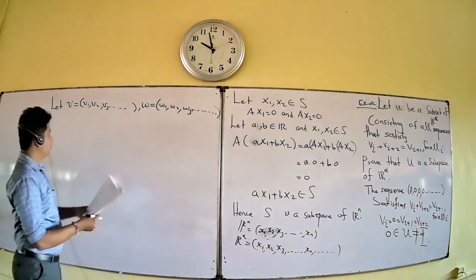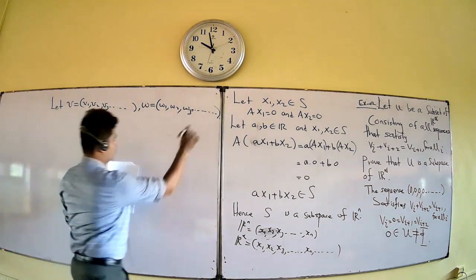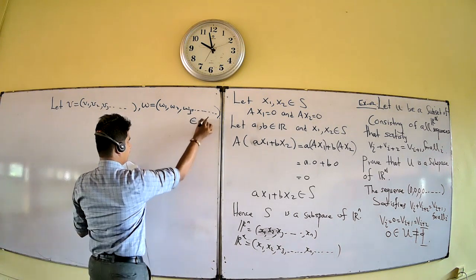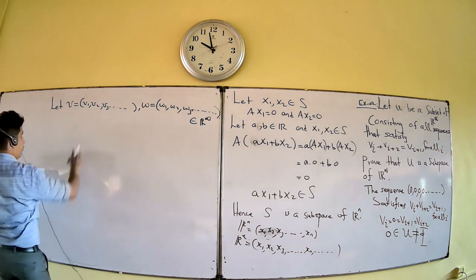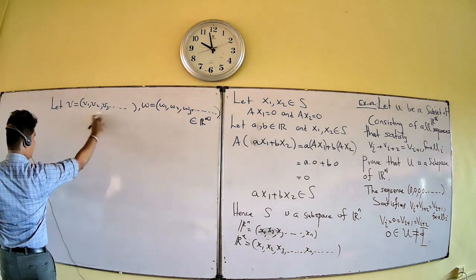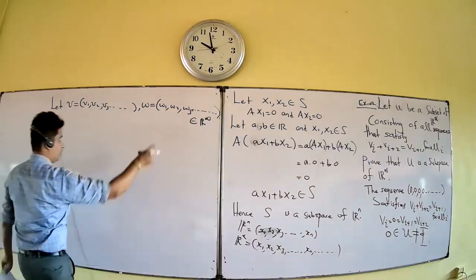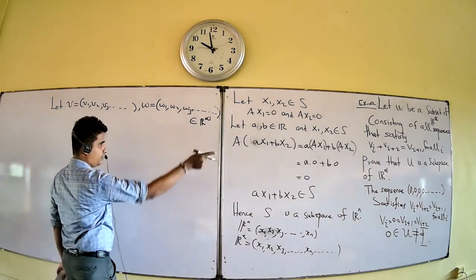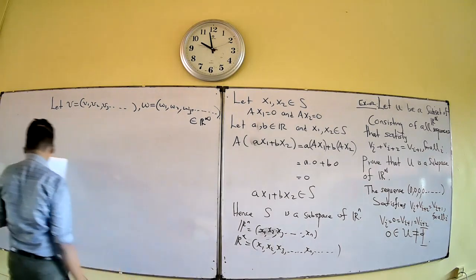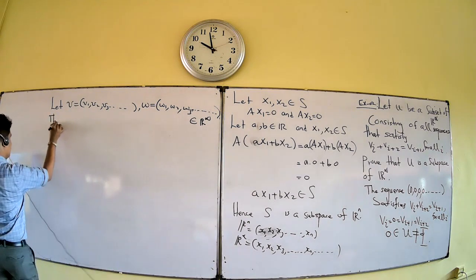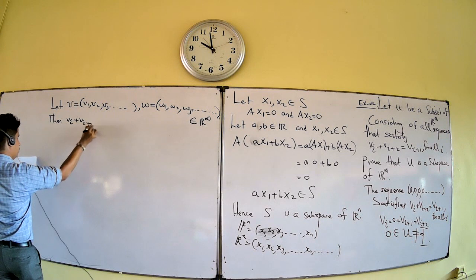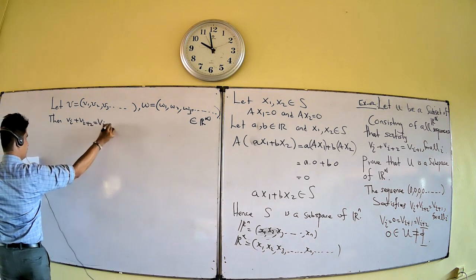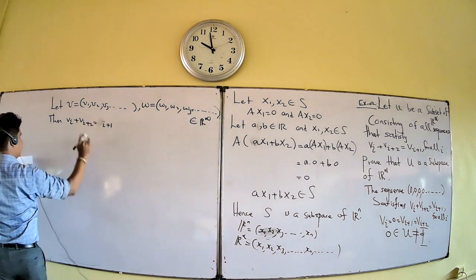Both belong to U, which means both satisfy that condition. So Vi plus 2 equals Vi plus 1. This is the condition, no?